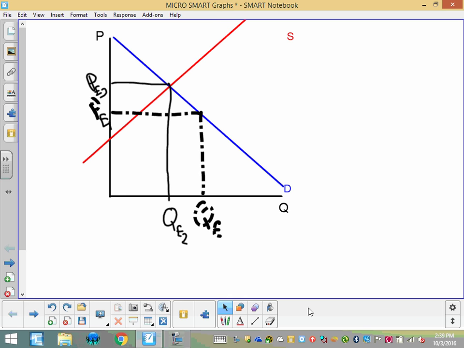I've got a question. What happened to total revenue in this market or for this firm? It decreased. We increased the price. What did I say this good was? I said it was inelastic.